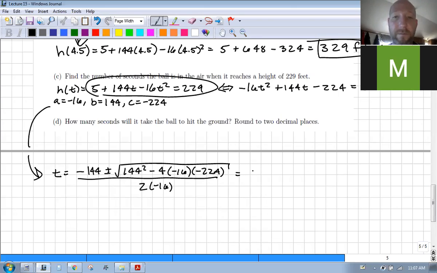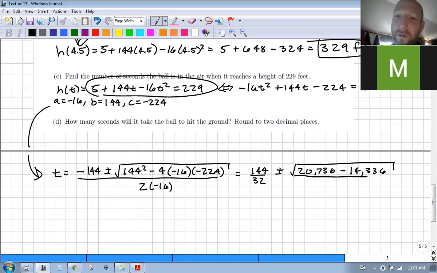So we have 144 over 32 plus or minus the square root. Let's see, 144 times 144 is 20,736. Minus minus minus gives us a minus. 4 times 16 times 224 is 14,336. All over 32.